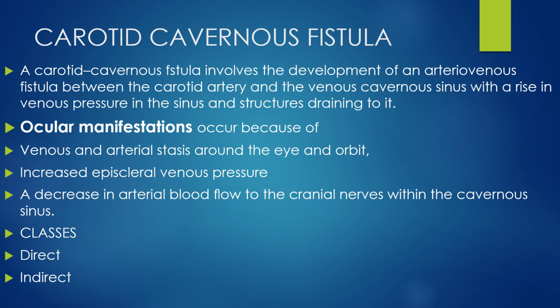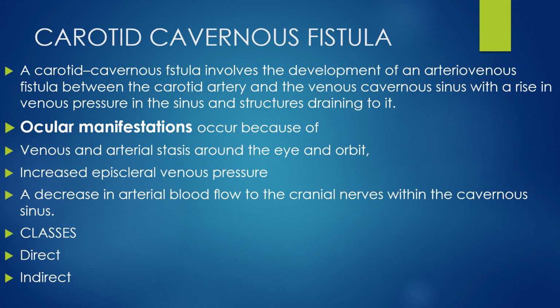Carotid cavernous fistula. A carotid cavernous fistula involves the development of an arteriovenous fistula between the carotid artery and the venous cavernous sinus with a rise in the venous pressure in the sinus and structures draining to it.